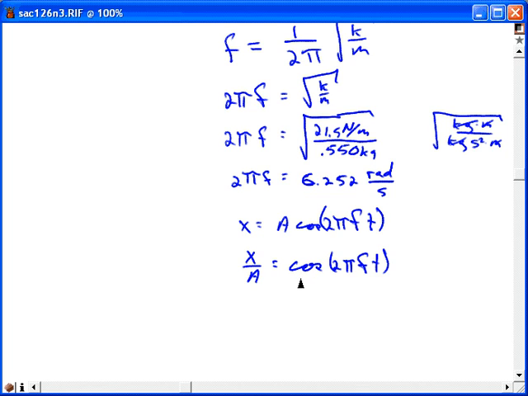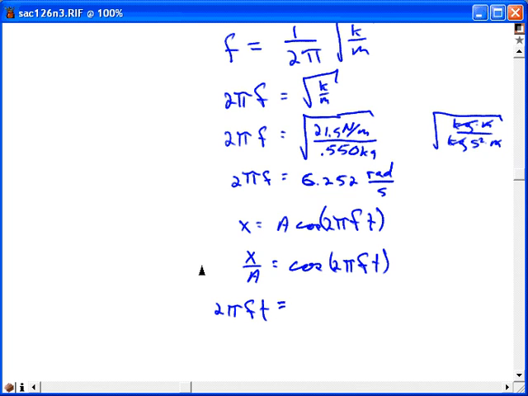Then I've got to get rid of the cosine, so I'll take the arc cosine of both sides. The arc cosine of the cosine of 2 pi f t is just 2 pi f t.